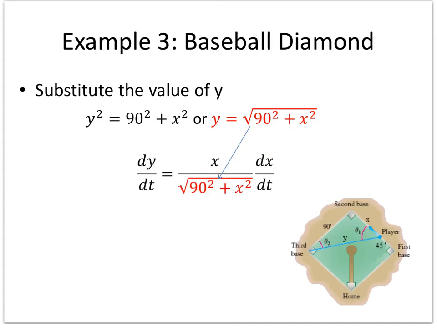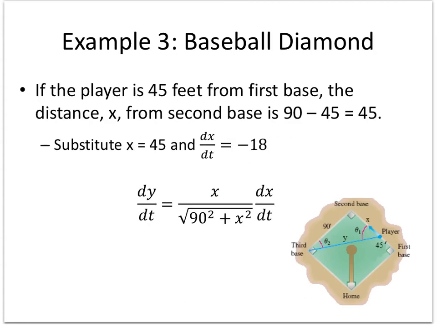And then also, I know this distance x, because we said he left first base and he's gone 45 feet. Well, then all I have to do is subtract 45 from 90, so that means he has 45 feet to go. And this information was given, which is my change in x, my change in my player running here with respect to time.